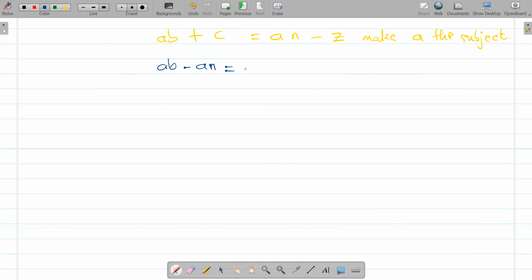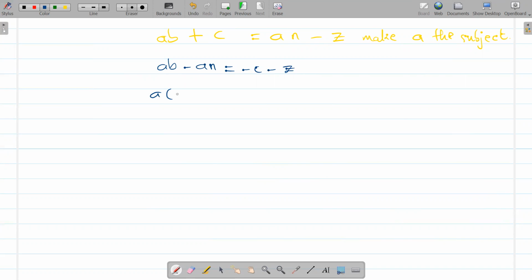Oh, sorry. So it's rather AB minus C, then this becomes minus Z because the Z has not moved. So it becomes minus. Okay. So what I did now is A into brackets B plus AN.